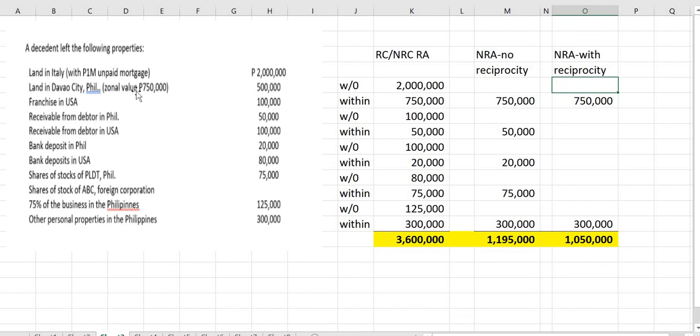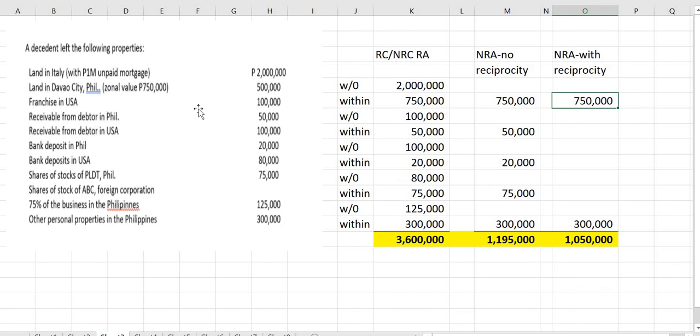Land in Davao City with a zonal value of 750. So, we'll use 750, right? Because whichever is higher. Right? For real property. Since this is within, because it is in Davao, therefore RC, NRC, or RA are taxable, as well as NRA.